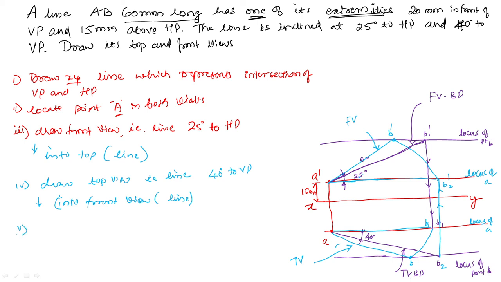Based on the line you got in front view, you have rotated its view to get the true front view, and similarly to get the true top view you have converted.